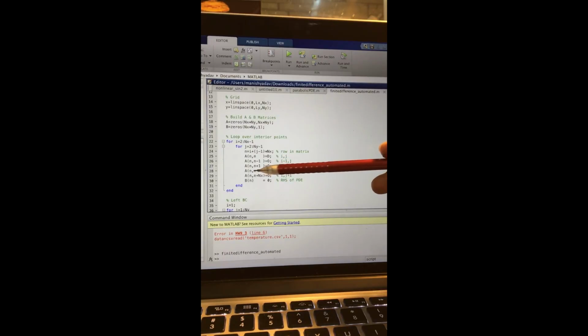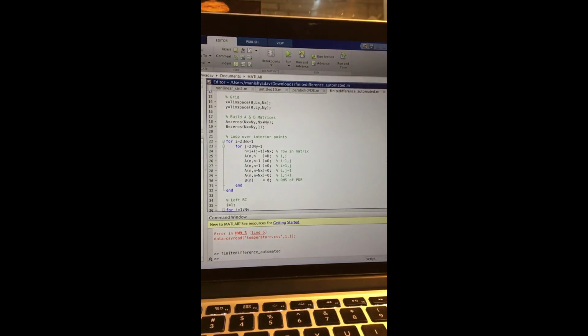And here this is the top and bottom side of the function. Because these are interior points, I haven't taken anything on the right side. This is our B matrix, and at n, the interior points, that's why it's 0.